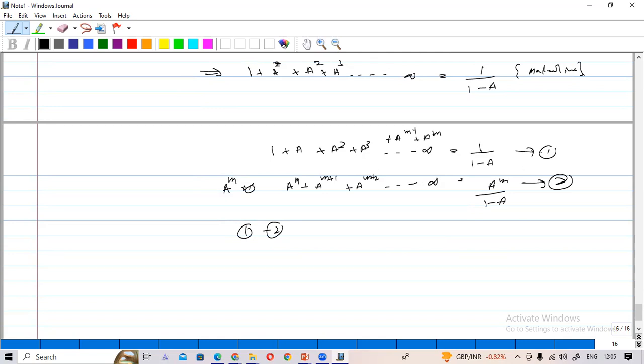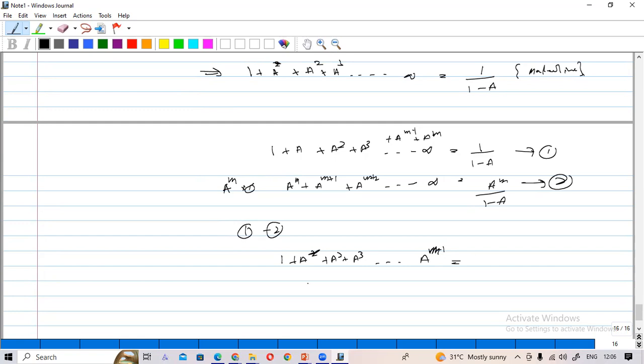Now if you subtract 2 from 1, you can see that a^M, a^(M+1), a^(M+2) are cancelled up to infinity. And you will have 1 plus a square, a cube, so on up to a^(N-1), capital N minus 1.